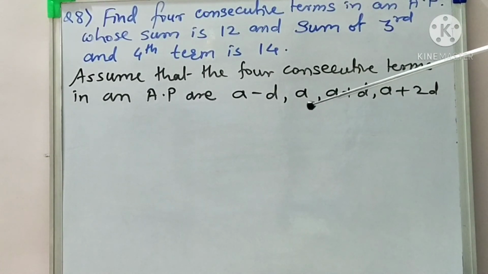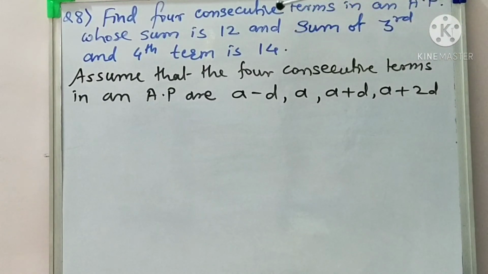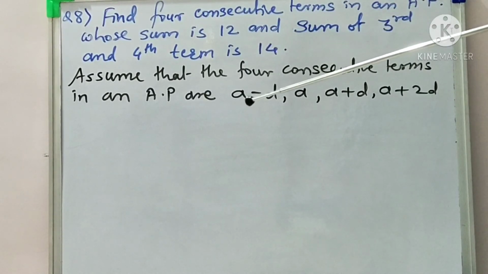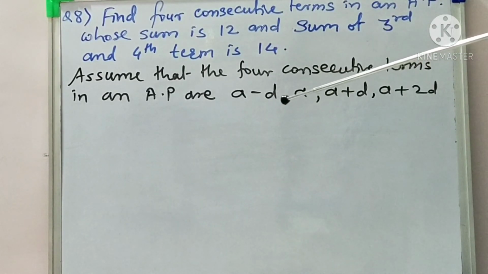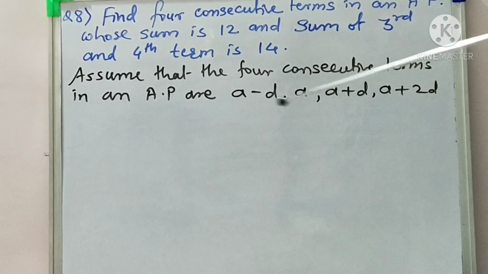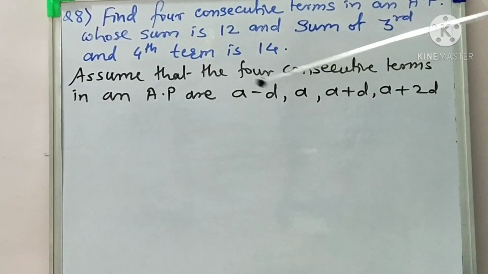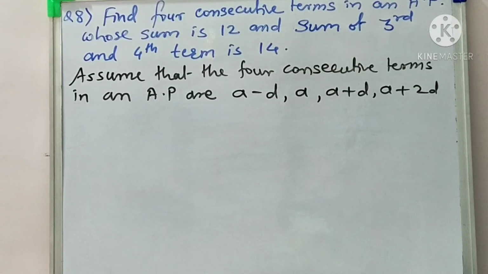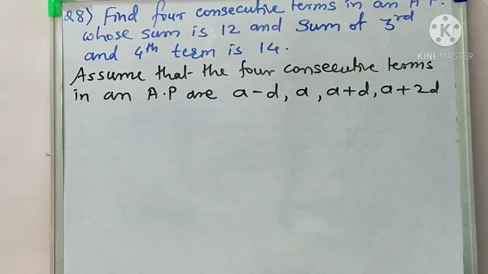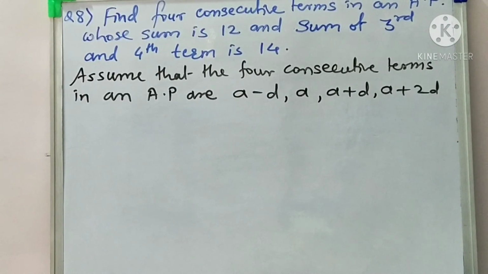And what we do here, students, as by the given information we have two conditions, and using these two conditions we find the values of a and d, and we substitute those values of a and d over here to get the 4 consecutive terms. So pay attention over here, students.